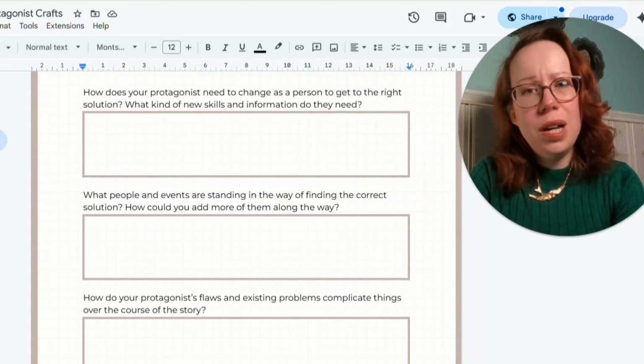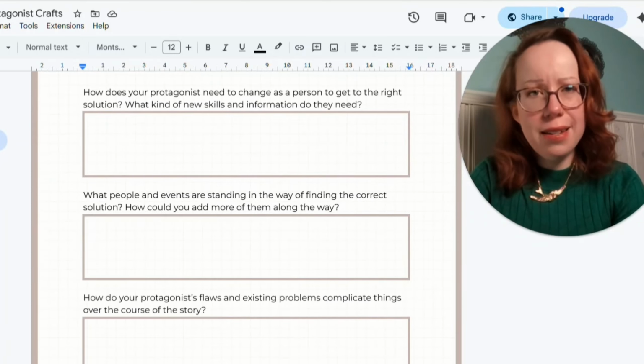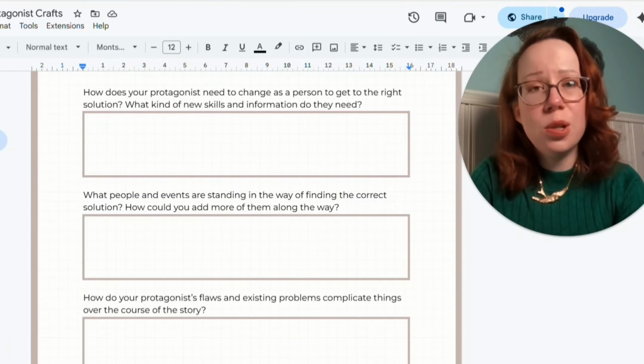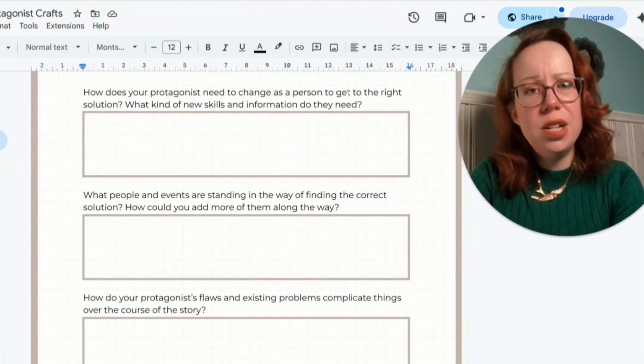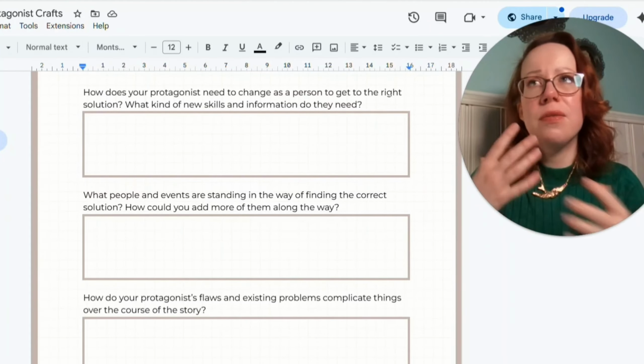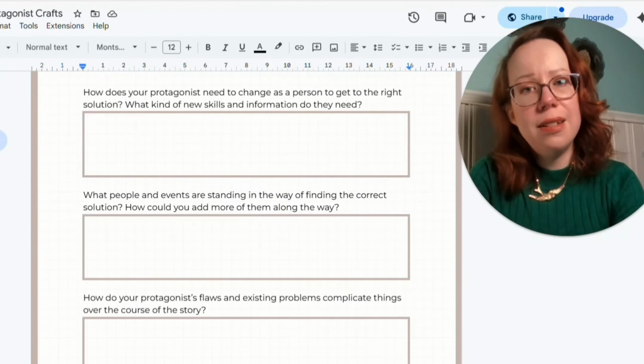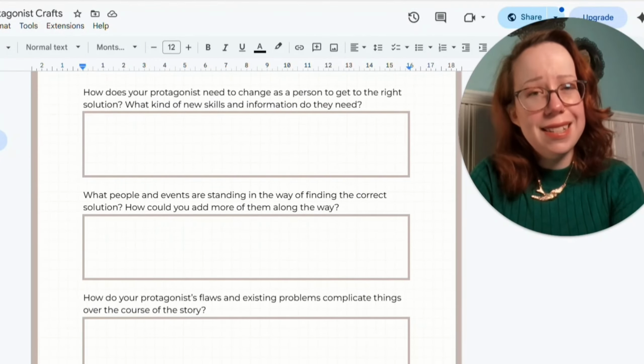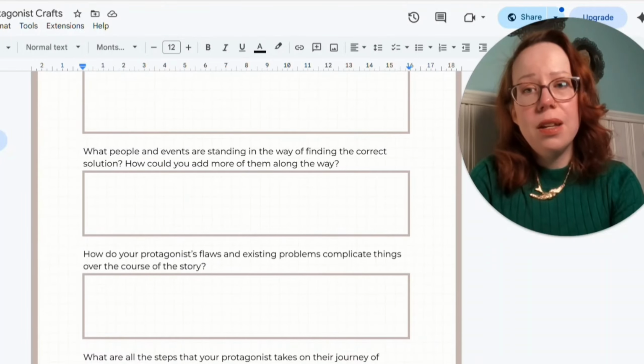So, don't think yet about what is going to change them, what events are going to come up, but how do they need to change as a person, whether that's on the inside or maybe it's something that they actually need to do differently, like with new skills or new information.